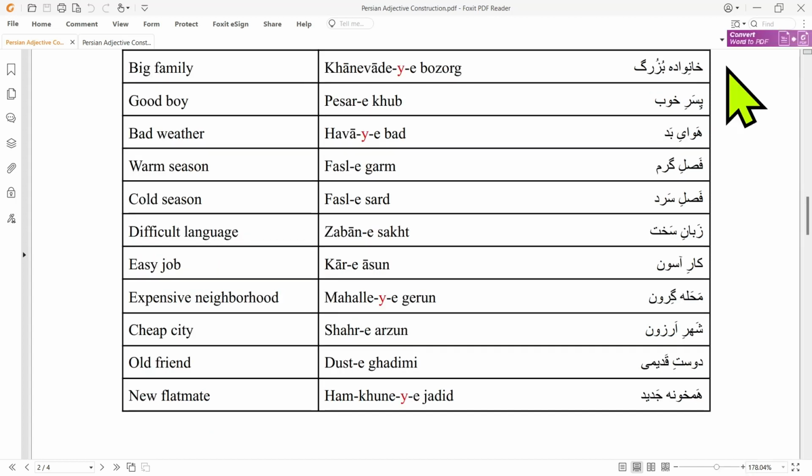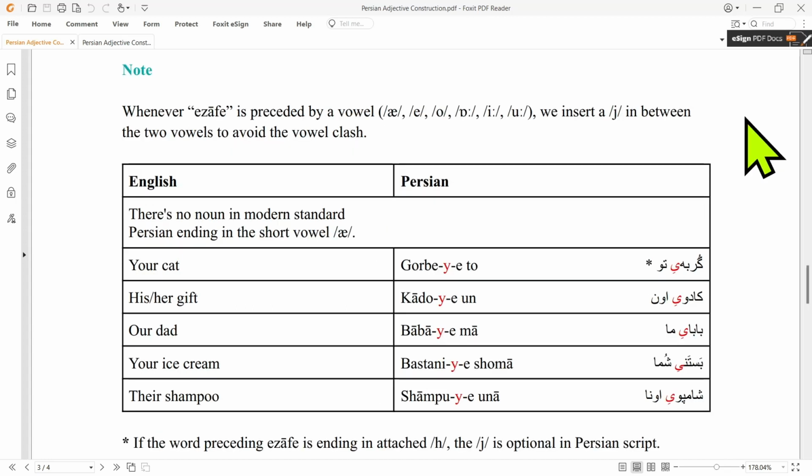You might have noticed a ی in red ink in خانواده بزرگ, هوای بد, محله گرون, and همخونه جدید. The reason we're using this ی in between our noun and ezāfe in these phrases is because whenever ezāfe is preceded by a vowel like a, e, o, or u in Persian, we insert a ی in between the two vowels to avoid the vowel clash.